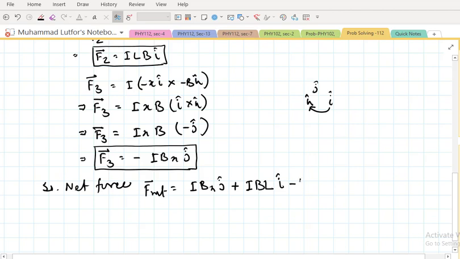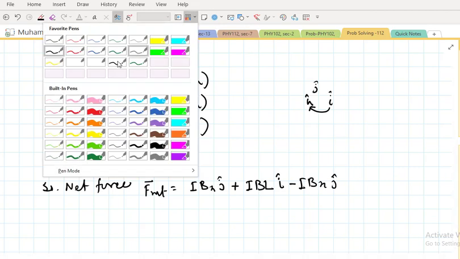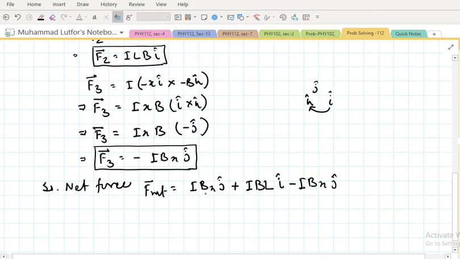F3 is the minus I B X Z hat. Now these will cancel out, right? I'm using a different color. This one, F1 and F3, are going to cancel out, right?